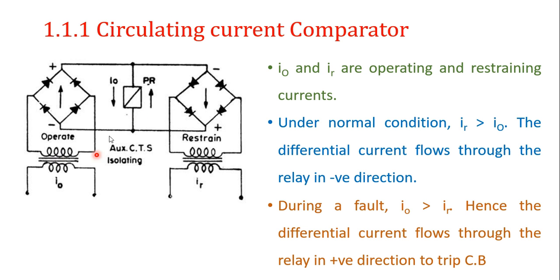So there is a current transformer, a rectifier, and two quantities: the operating quantity and the restraining quantity. Depending on the magnitude of the operating quantity, the fault condition is identified, and during the fault condition, the current direction changes and it sends a trip signal to the circuit breaker.